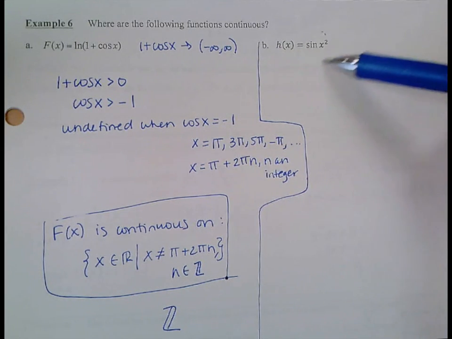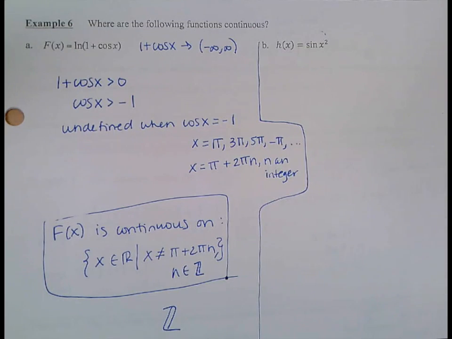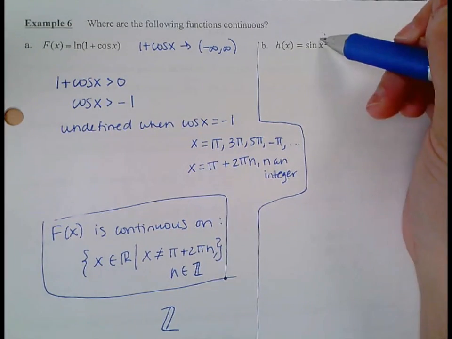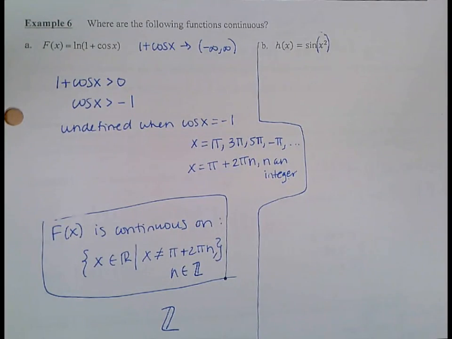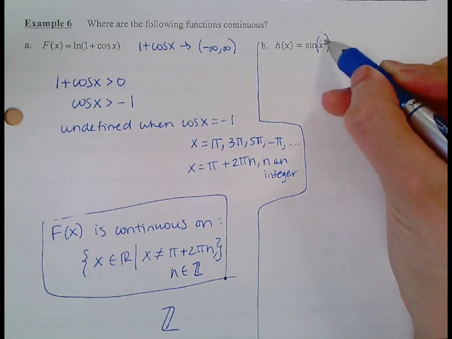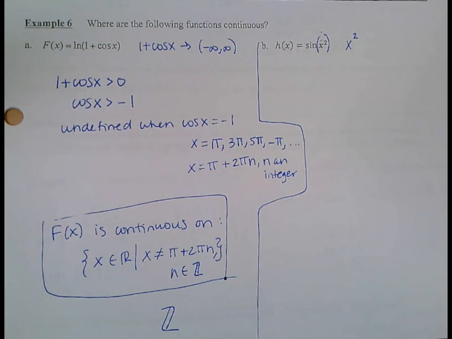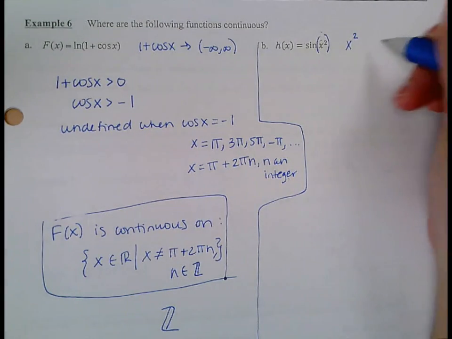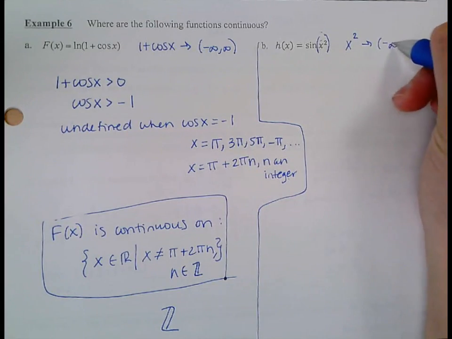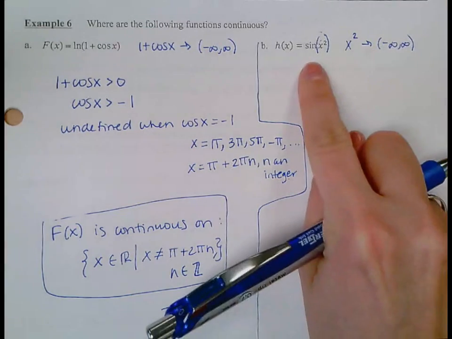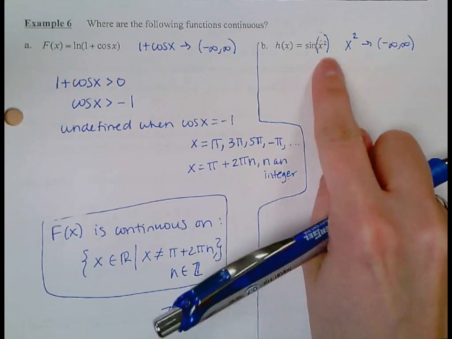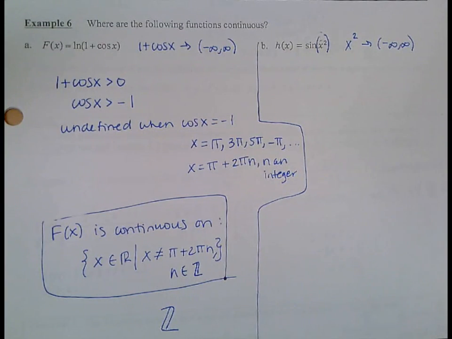I realize this is also a trig function, sine of x squared, but it's a little easier to understand. Here, x squared is inside of the sine function. So I'd first think about, where is x squared continuous? Are there any restrictions? No, x squared is continuous everywhere. And then the outer function, sine, does that have any restrictions on the domain?